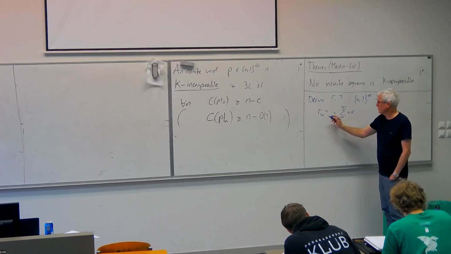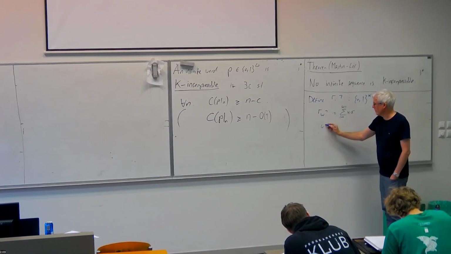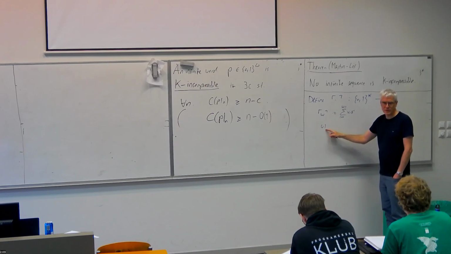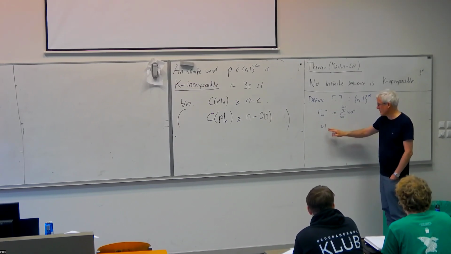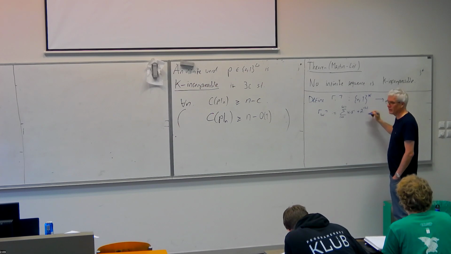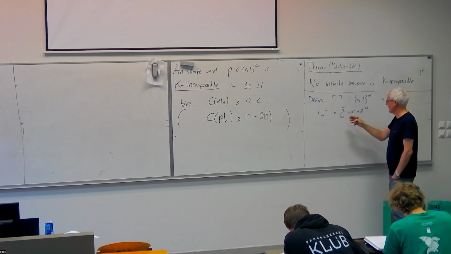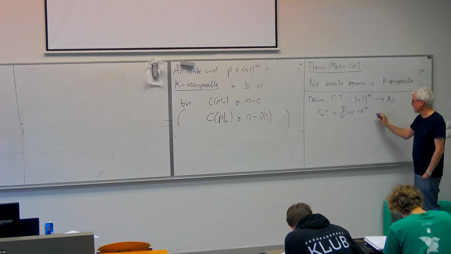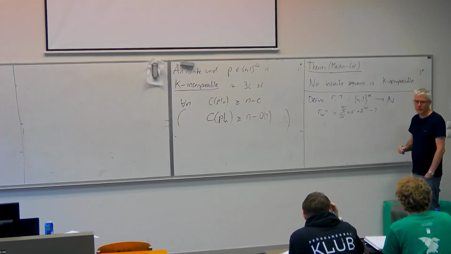But actually, we really consider the binary number that we get by reading W followed by 1 in reverse, just to make sure that we don't collapse things by having leading zeros. So we're going to add to that 2 to the minus length of W, and now it's a bijection onto positive natural numbers. So to make it a bijection onto natural numbers, we subtract 1.